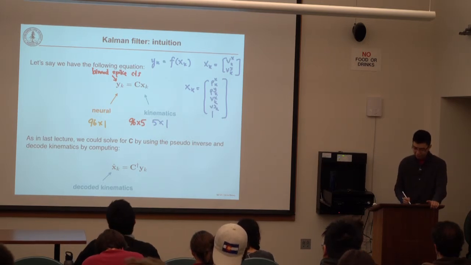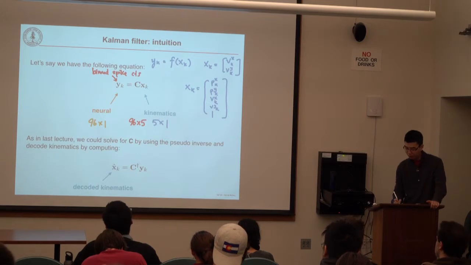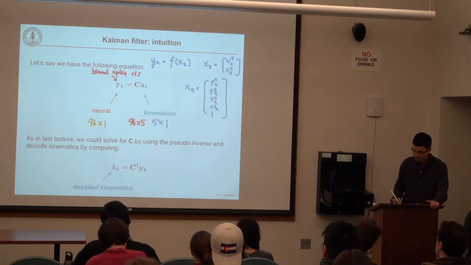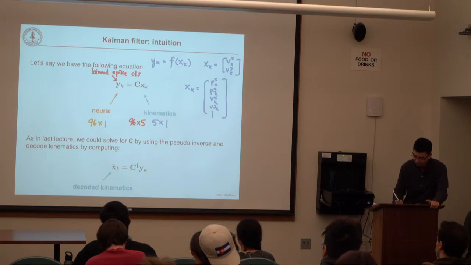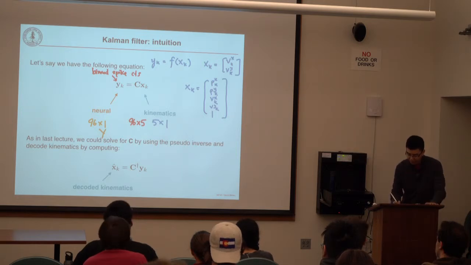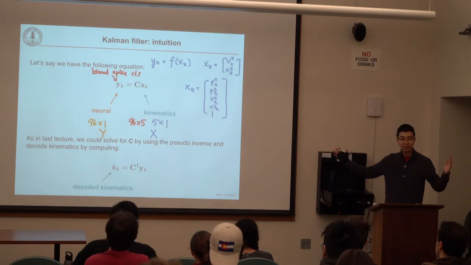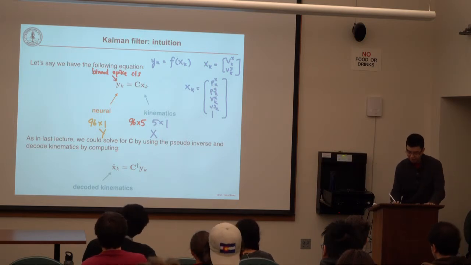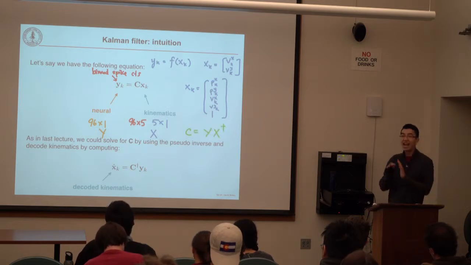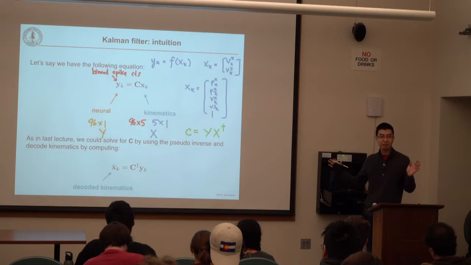And so as in the last lecture, we could solve for C by grabbing our big matrix Y, having all the neural data concatenated across time k, and making the similar matrix X of all of our kinematics concatenated across all time. And then C is just equal to Y times X dagger. Exactly the same thing that we did in last lecture.